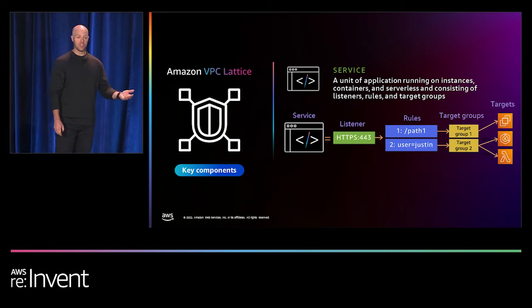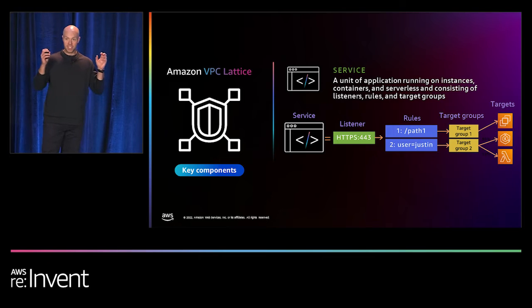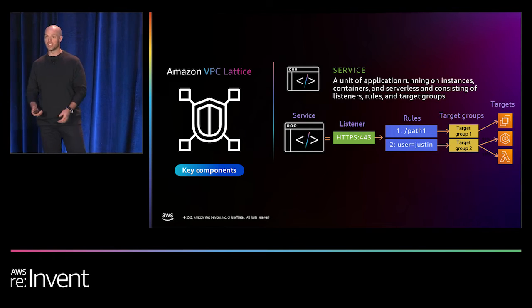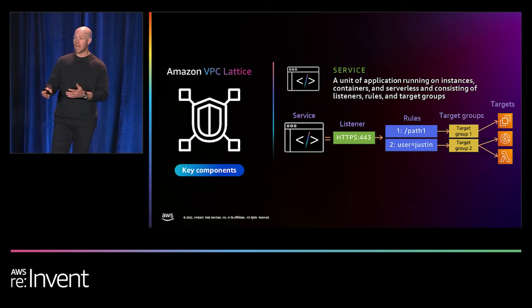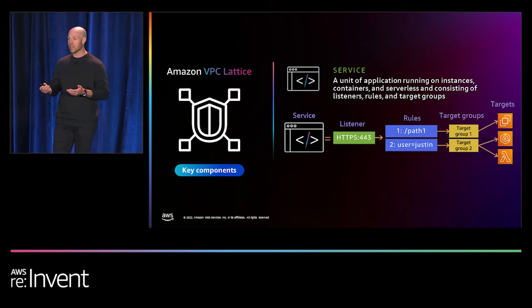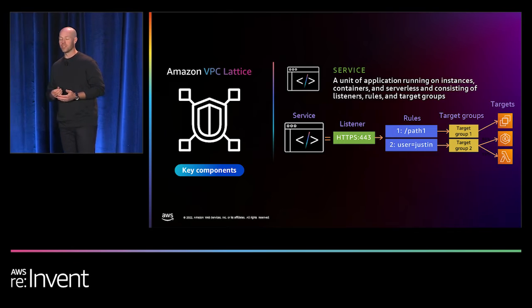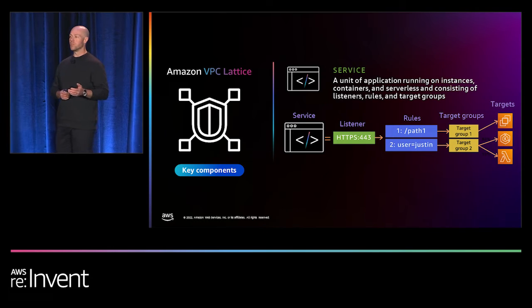You can think of the listener as what ports this service is listening on. The rules are how you do request level routing. It's an application layer proxy: path-based routing, header-based routing, method-based routing, things of that nature. And then the target groups are a way for you to group like-minded things.